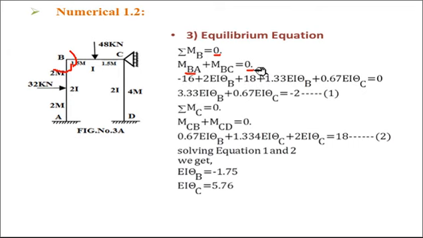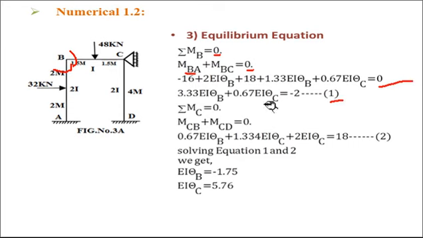Two members are connected, so two moments will be there, and their addition should be equal to 0. Already we calculated the end moments, so put them here. So the equation becomes minus 16 plus 2 EI theta B plus 18 plus 1.33 EI theta B plus 0.67 EI theta C is equal to 0.